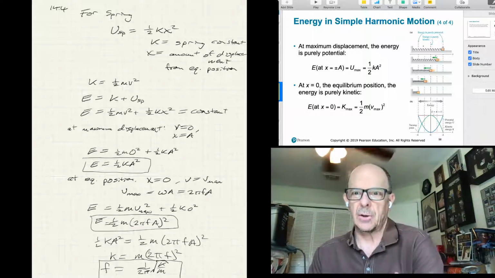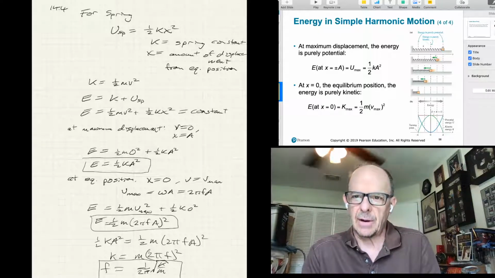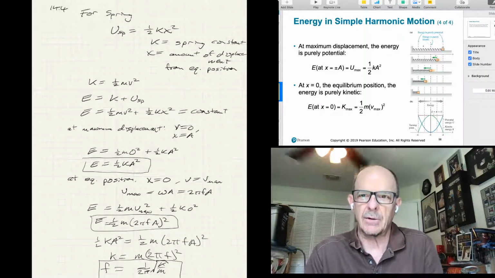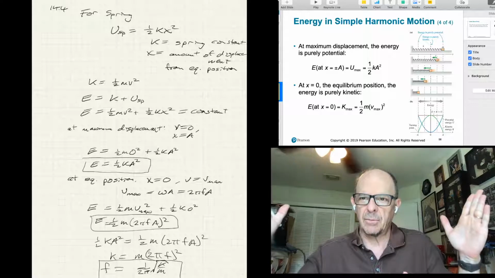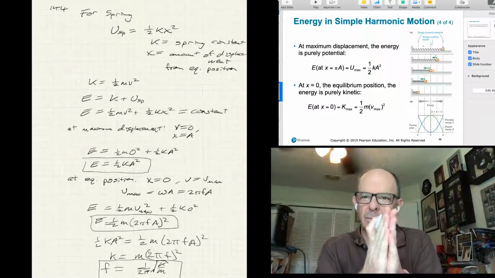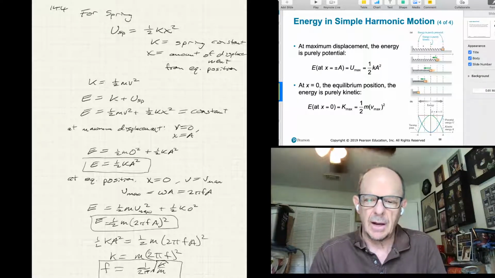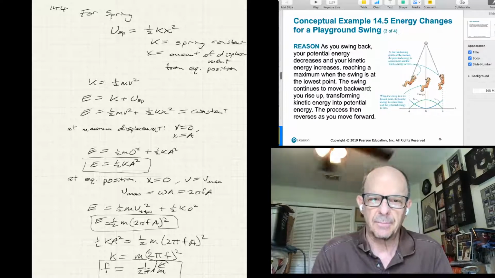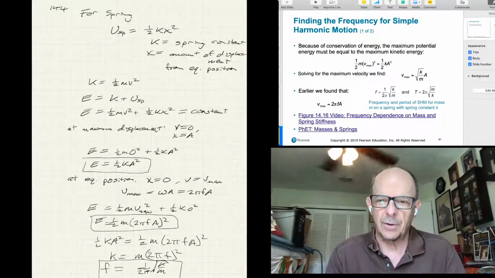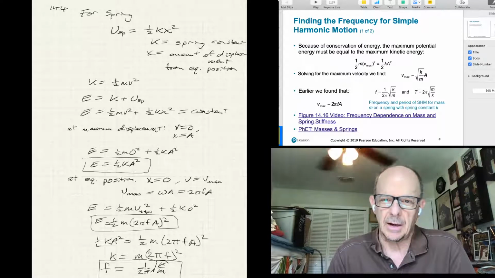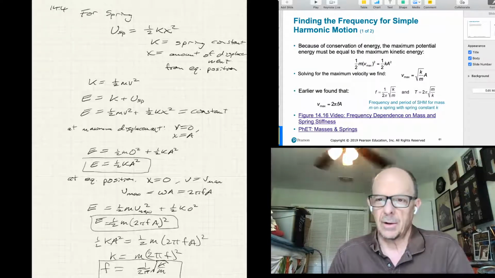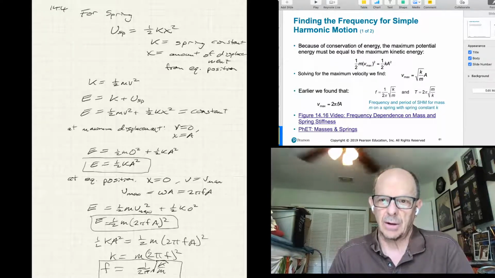So by looking at conservation of energy and evaluating the total energy both at the maximum displacement and at the equilibrium position and equating those two, I'm able to get an expression, and that's what's shown here on this slide, for the frequency of a spring in terms of the spring constant and the mass on the spring.